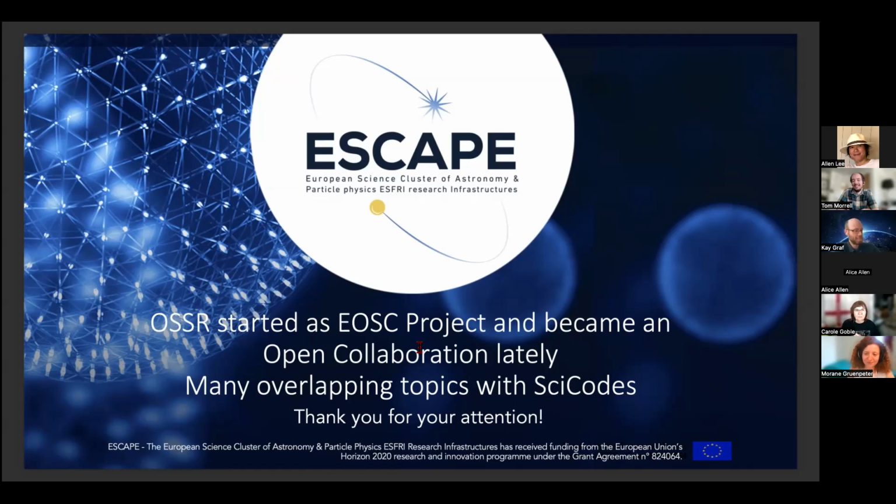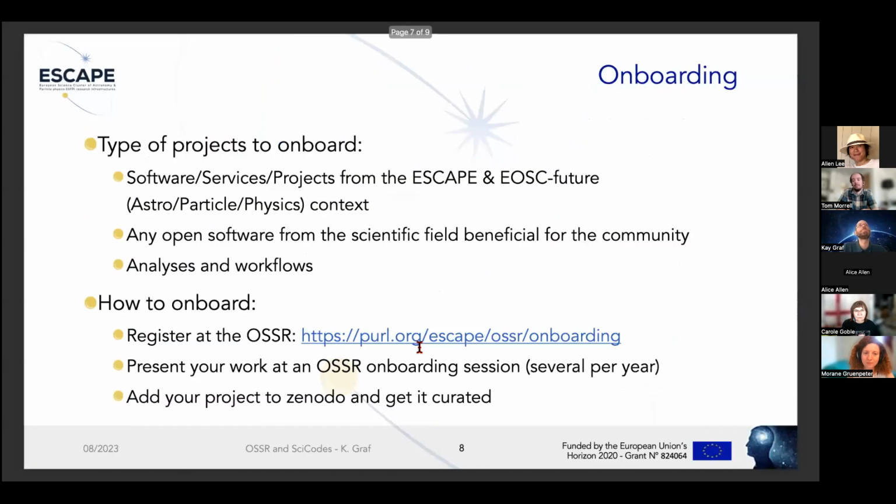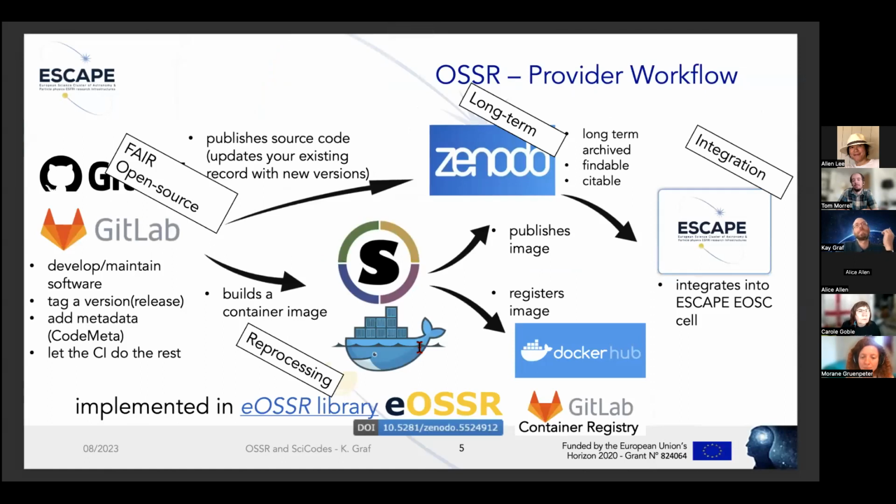Okay. Then the other part of it was, could you go back a few slides? Sure. This workflow that you were showing, yeah, that one. So is this all automated through the CI? When you say let the CI do the rest, is that what's happening here, or is this sort of a guided process where the model author or the computational software author is kind of walking through these steps with your guidance?